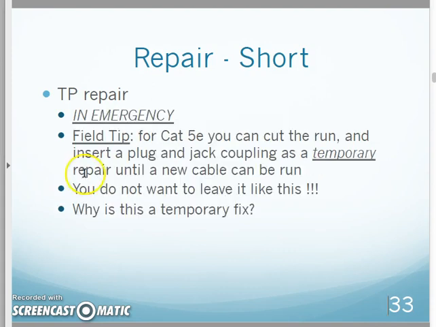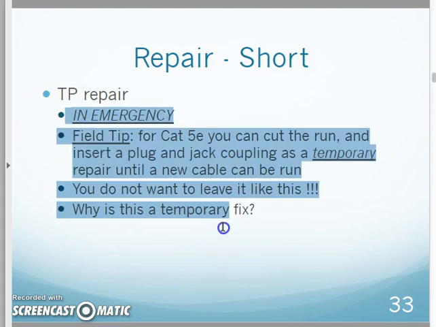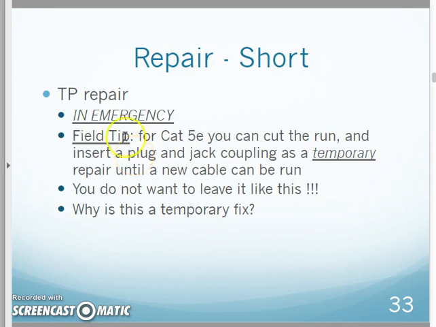Now, this is a little emergency side tip. This is not something that'll show up on a quiz or a test. This is just something for your benefit. In an emergency, if you have a short or a cut in the middle of a cable run, what you can often do, if you can locate that cut, is cut that bad section out. And if you have a little slack, you can actually put in a temporary connection where you plug in an RJ45 jack and an outlet, and plug those two together to make you a temporary connection.